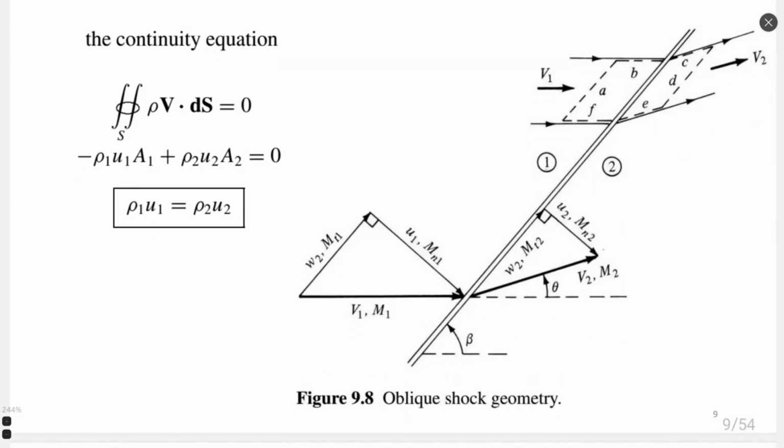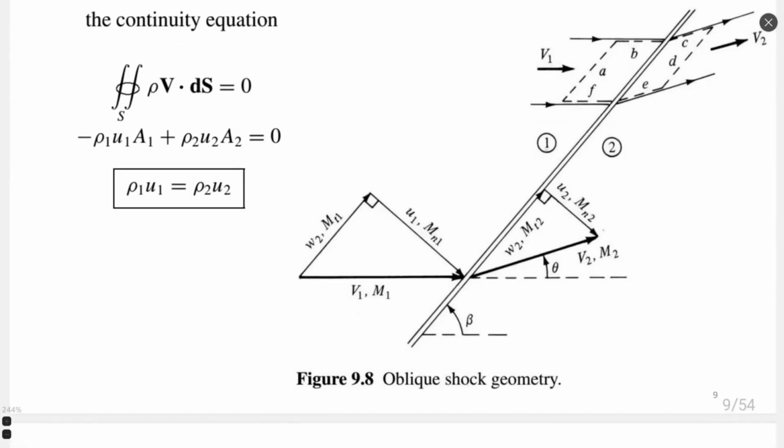First of all, we talk about the development of the model in the case of an oblique shockwave. If you remember, in the case of a normal shockwave, we had a rectangular control volume. And here, since the flow is not perpendicular to the shock, we have such a control volume, which we might see on the screen.